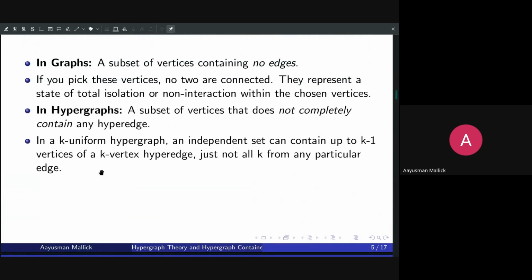Now, from independent sets in hypergraphs to reach the concept of hypergraph container methods, I would use an example and illustration to successfully present the points of the hypergraph container lemma.